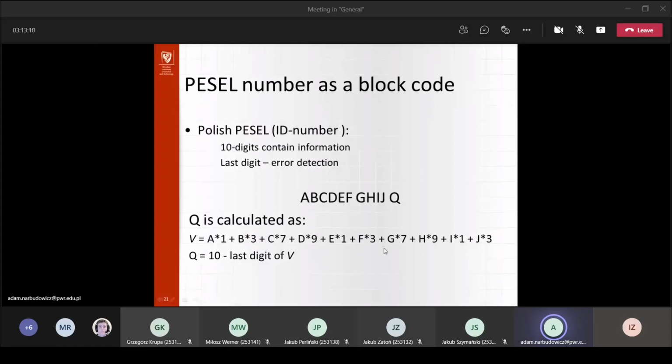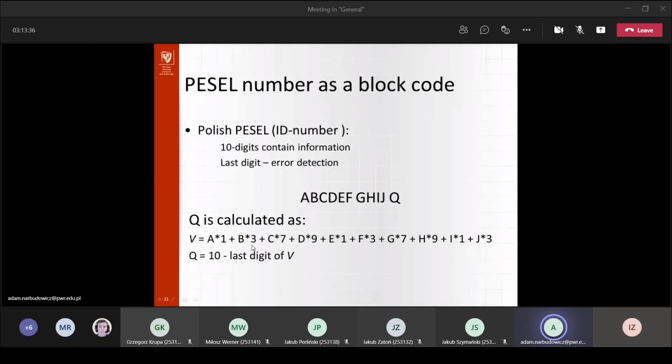So what you should pay attention to here is that, firstly, we are adding one more digit. So a digit is a symbol out of a 10-letter alphabet, really, from 0 to 9, right? But this is not just a simple parity control.